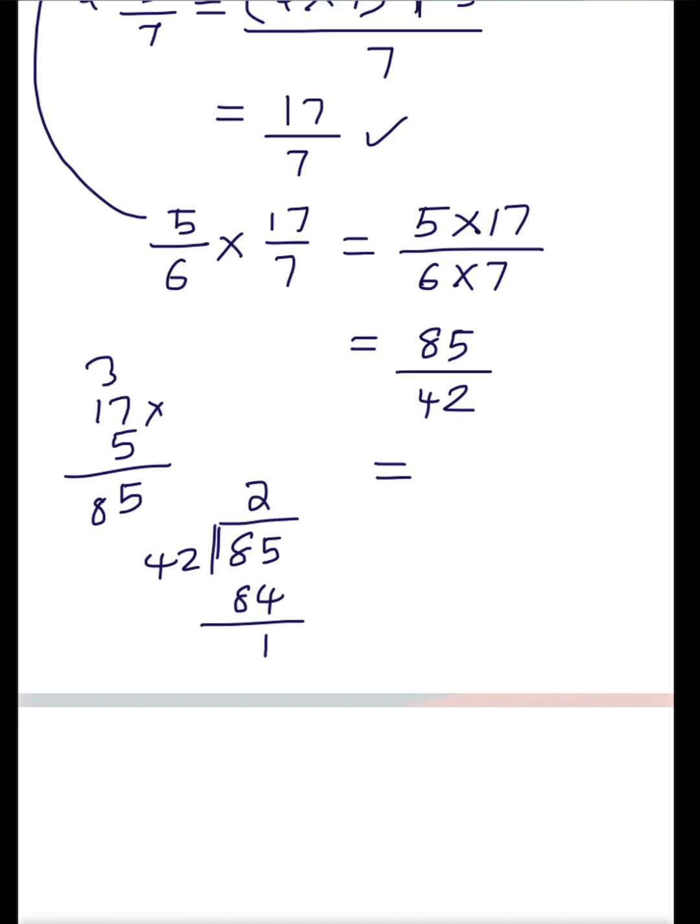So what will be the answer? Write the quotient first, then the remainder, then the divisor. So 2 1 by 42 will be the answer for this question.